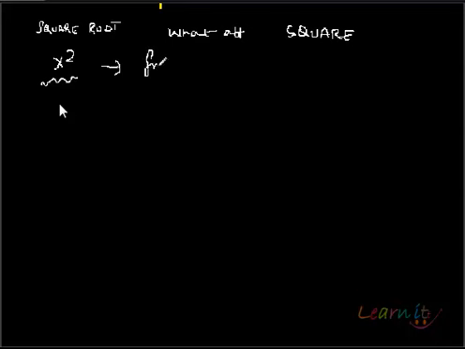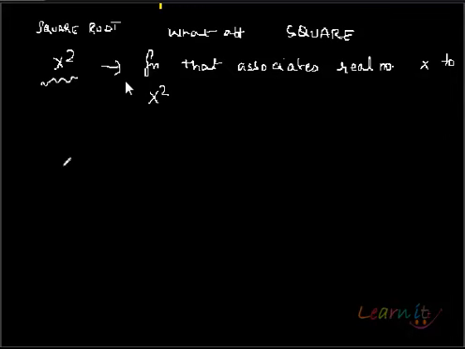A function that associates any real number to its own square is a square function. So f(x) equals x square. f(x) equals x square. That's what a square function is.